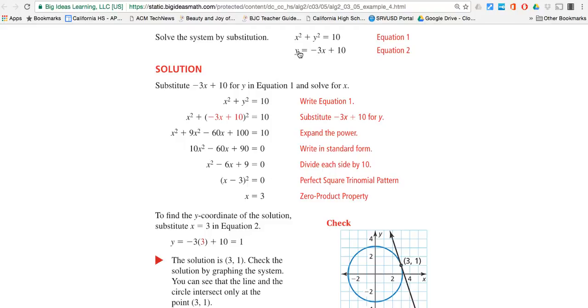So just remember, as you're going through these, none of the processes that you're using are any different than when we did linear systems a couple chapters ago, or even back in Algebra 1 when you first learned how to solve systems of equations. So just keep in mind that your steps are exactly the same.